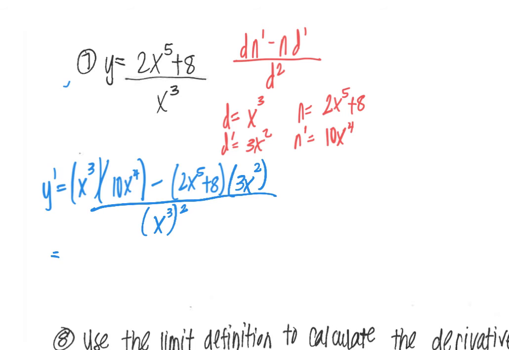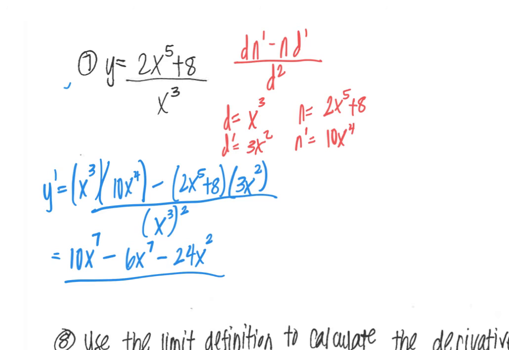Let's do some multiplication. This is going to be 10x to the 7th, as 3 and 4 add to 7. I'm going to distribute the 3x squared and that negative sign at the same time. So that's going to be a negative 6x to the power of 7 as well, because 5 and 2 add to give you 7. And that's going to be a negative 24x squared, all over, we'll just call this x to the 6th power. When you have a power to a power, you multiply.